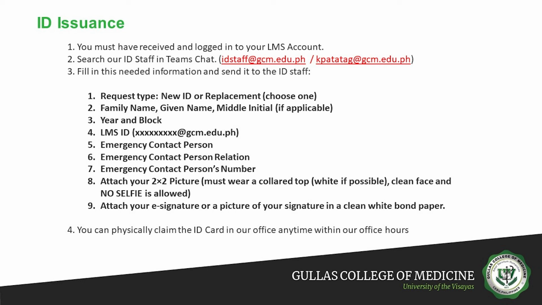It is important that you have your emergency contact person, relation, and emergency contact person's number. 8. Attach your 2x2 picture, and you must wear a colored top, white if possible, with a clean face, and no selfie is allowed. Attach your e-signature or a picture of your signature on a clean white bond paper. Finally, you can physically claim the ID in our office anytime within our office hours.